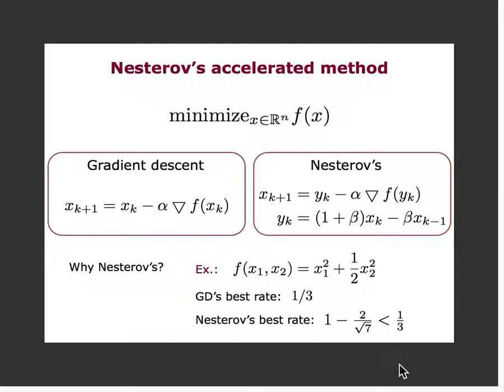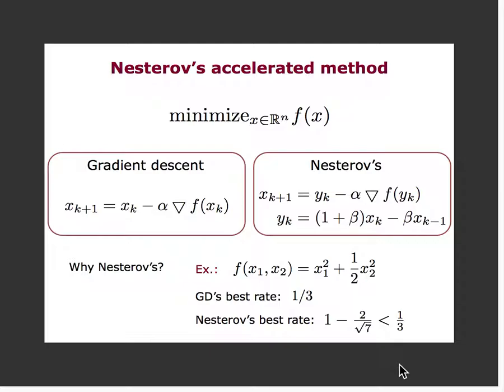So for example, for a very simple quadratic function that has optimal solution x1 equal to x2 equal to 0, the best rate you can get from a gradient descent method is 1/3 if you optimally tune alpha, and the best rate you can get from Nesterov's scheme is smaller than 1/3 if you optimally tune alpha and beta.